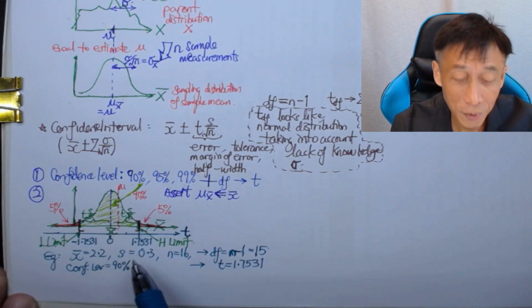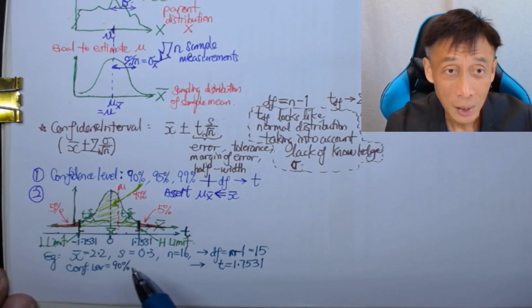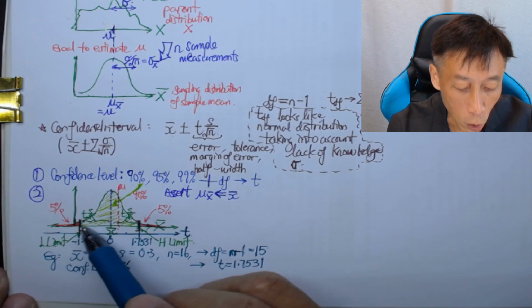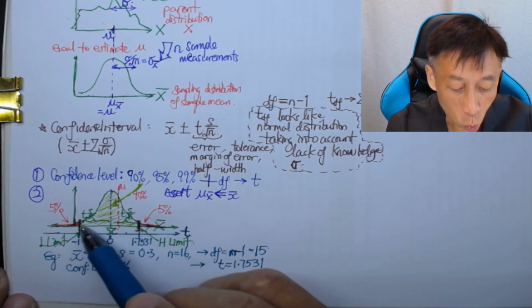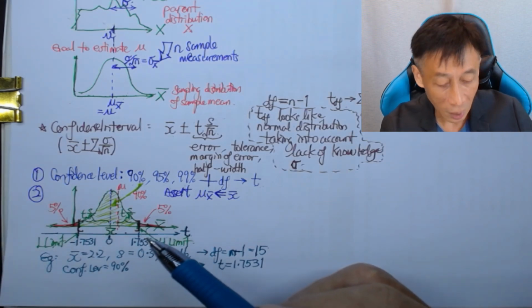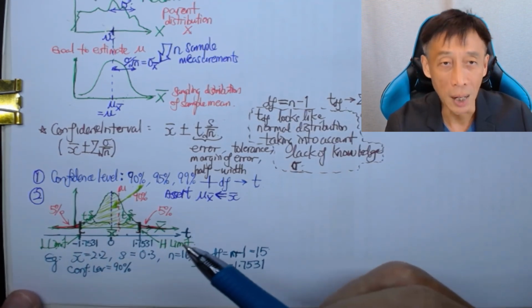The similar behavior exists in x bar in the sense that when you go from the low limit to the high limit, you cover 90% of the area. So that's the kind of distribution similarity between the two.